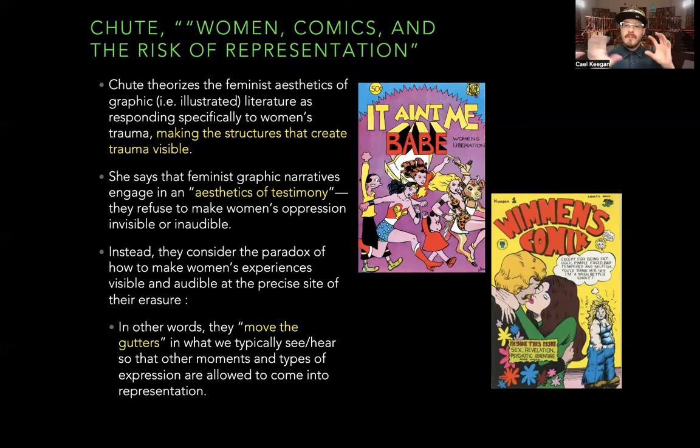Shute says that feminist comics are trying to symbolically move the cultural gutters around so that what we typically see and hear gets changed, and other moments and types of expression come into representation, right? They reorganize aesthetically how storytelling can work.